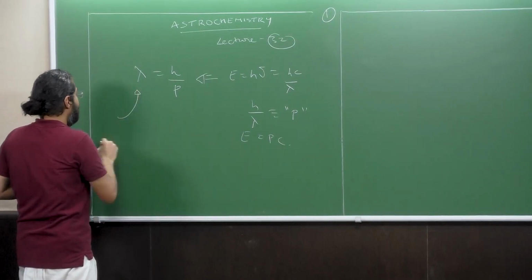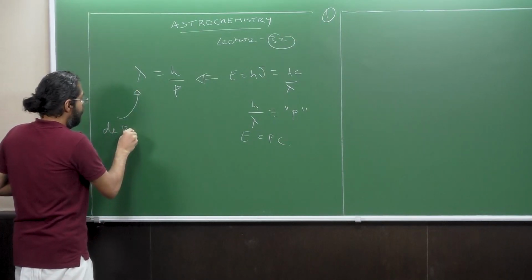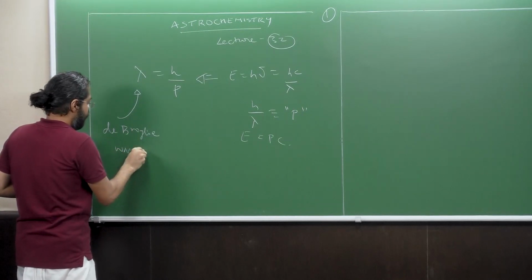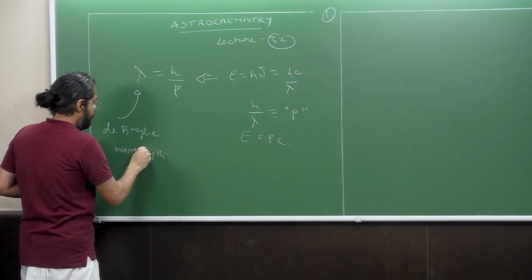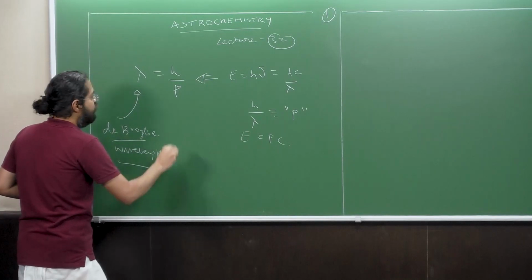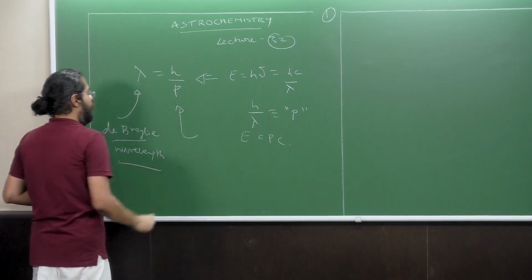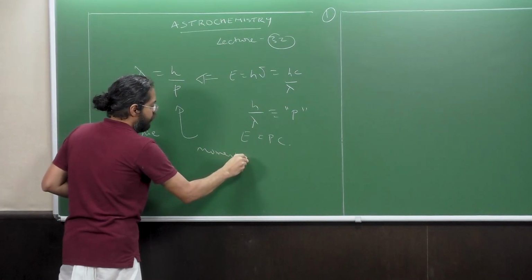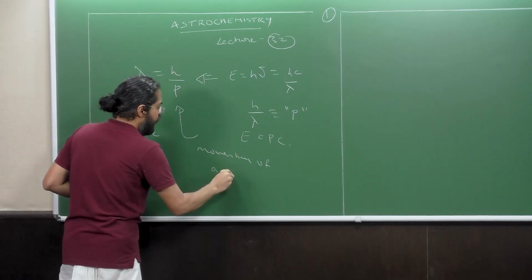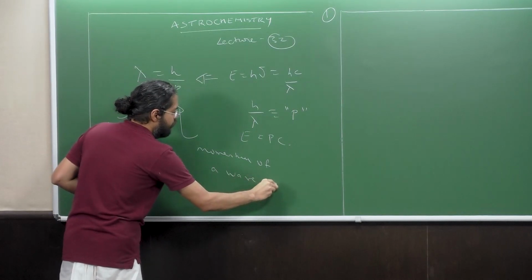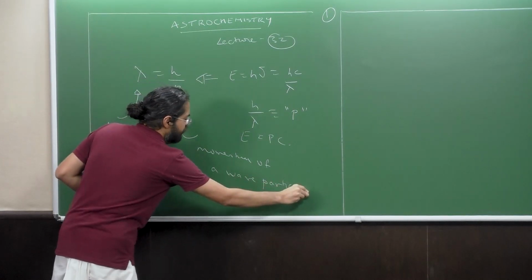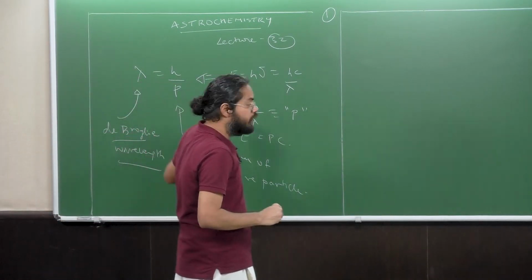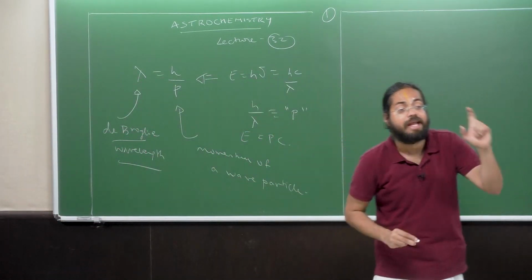And this lambda is what is called the de Broglie wavelength. And this momentum is the momentum of a wave particle. Now, this is a standard expression you have been using since your 11th standard. No big deal about it.